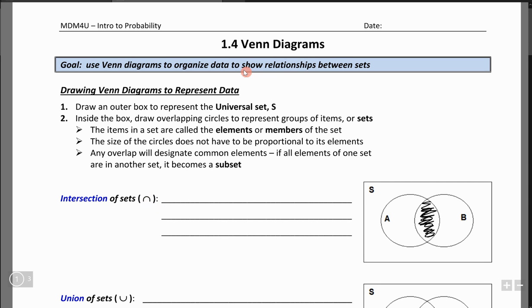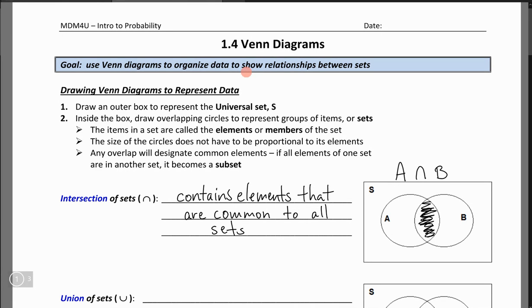So this is a subset, and it contains elements that are common to all sets, so in all the sets that are intersecting. Okay, and so to show that, we say that A intersects with B, like so. Okay, so that's the first kind of set that we're going to encounter.